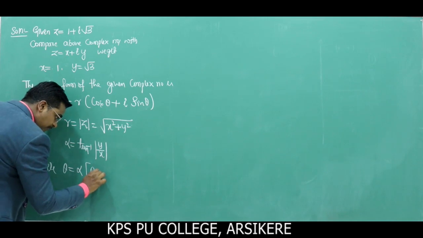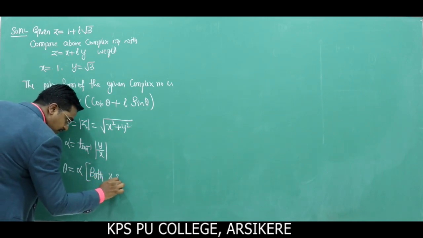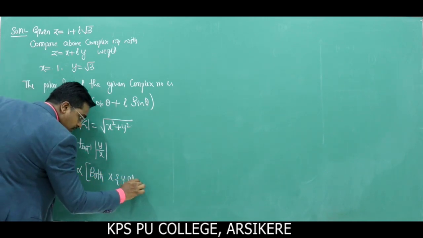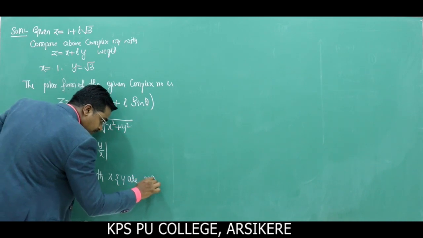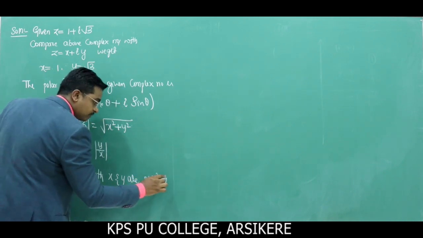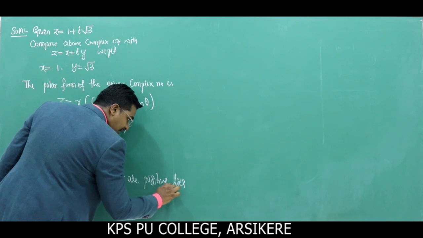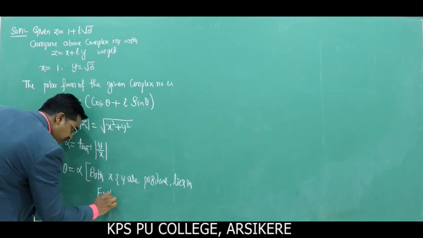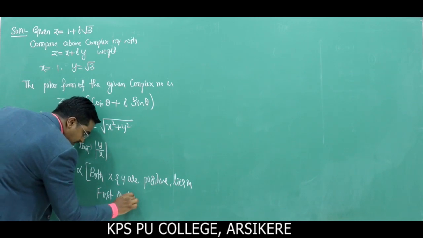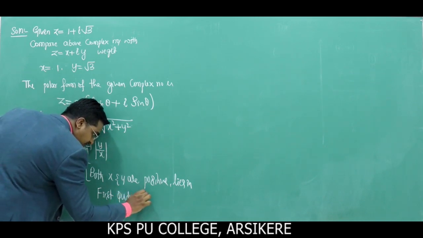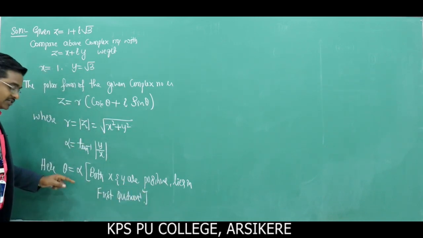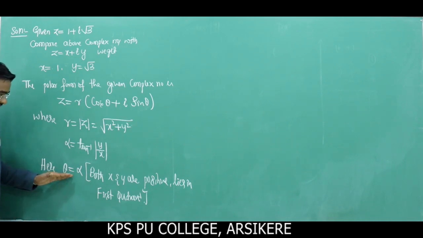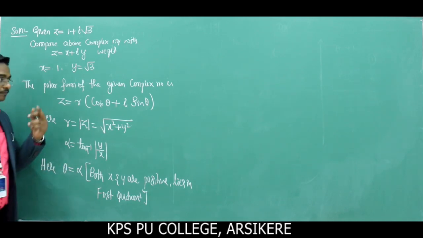Both x and y are positive, so it lies in the first quadrant. Do you understand, children? Both lie in the first quadrant. So that's why theta is equal to alpha. Next we need to find the value of theta, the value of r and the value of alpha.